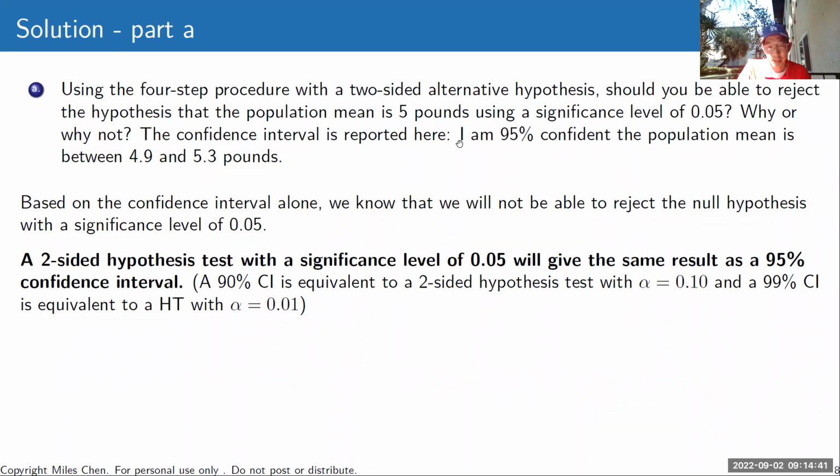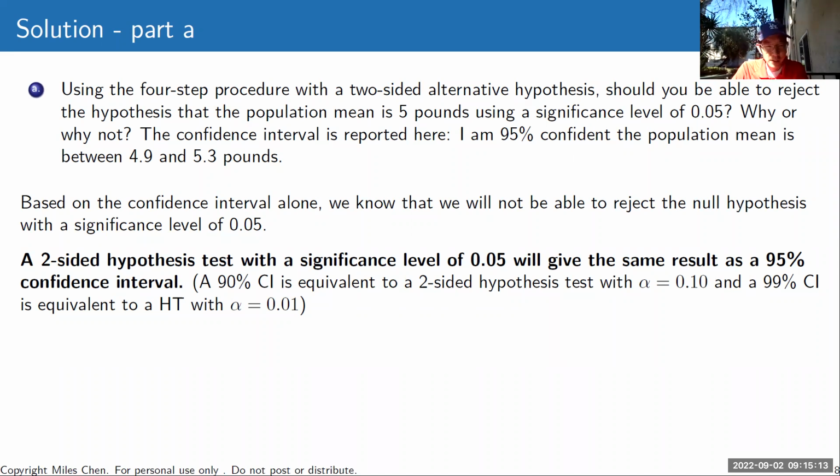If we make a 95% confidence interval, and this is the result going from 4.9 to 5.3, we would say we do not reject, or we don't have evidence that there's a difference. And so doing a hypothesis test using the same data, we should come to the same conclusion: that we cannot say that the mean of the population is different from 5 pounds.